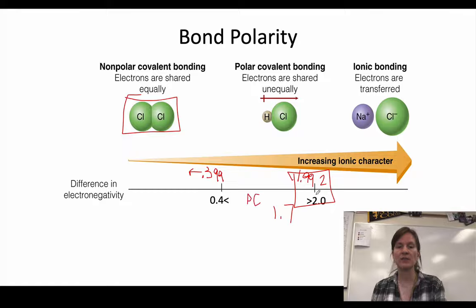And from 1.7 to 2.0, you kind of have to look at what's being bonded, assuming that ionic is always going to be a nonmetal with a metal. So sometimes a nonmetal with a metal isn't going all the way up to 2.0, but they'll still make an ionic bond. In our class, we will use 0.4 and 2.0 in general, so don't worry too much.